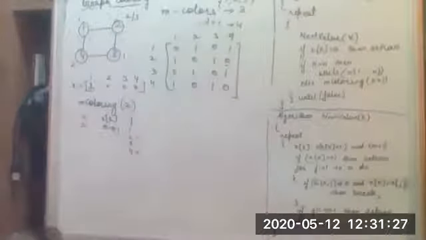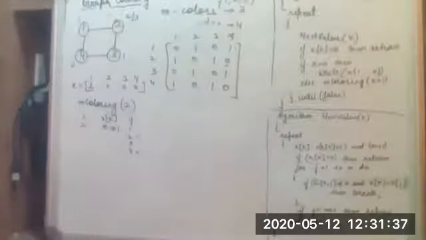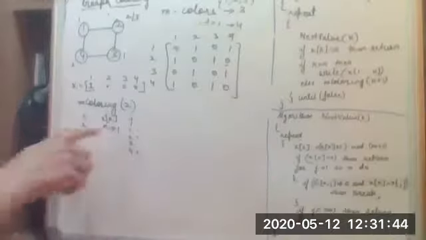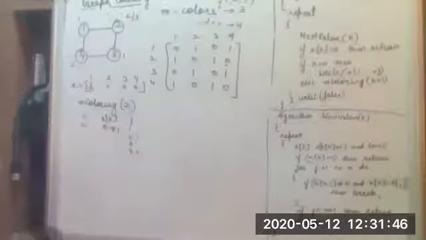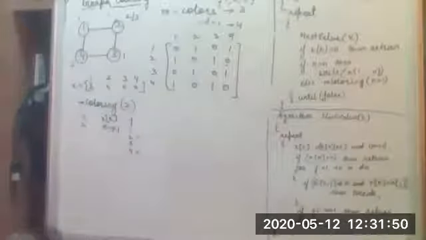The other condition is that xk and xj, if they are the same, that means the color at the kth node and the jth node is the same. So k value is 2, j value is 1. What we have assigned here is 1 value, so these two values are the same.